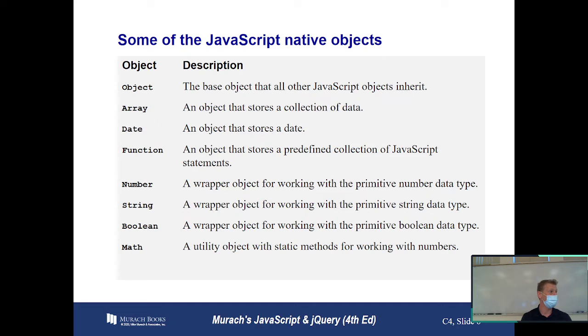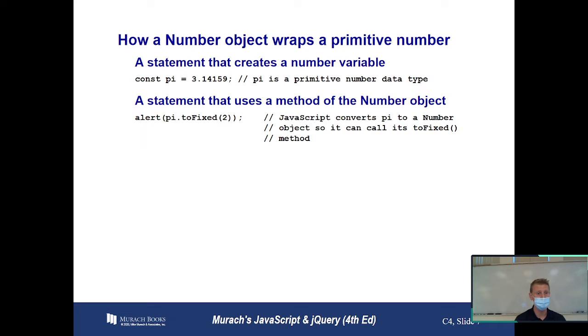So we learned arrays and how they were objects. You can create dates, function objects, number objects, strings, Boolean, and there's actually a math object that has a bunch of useful functions for working with numbers.